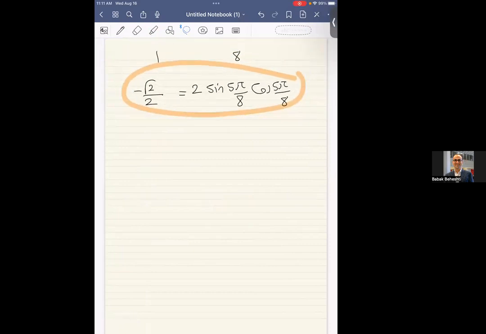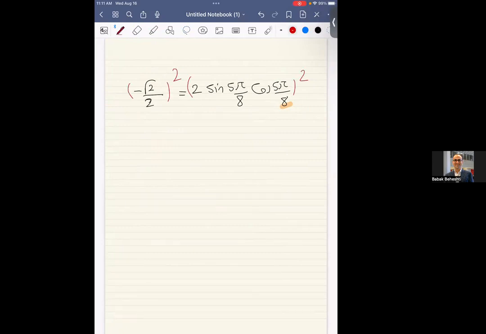So is this clear so far, what I did? Is this equation on the top clear for everyone? Liana, is it clear? Okay, now if you square this, on the left side, you get 1 over 2.